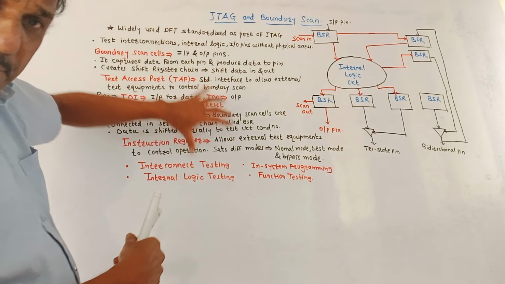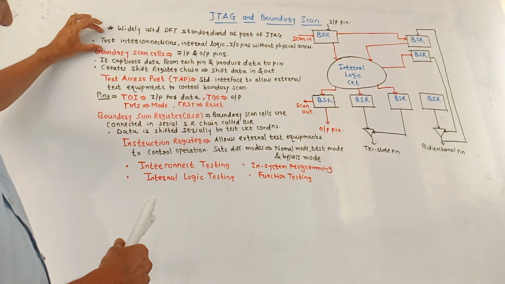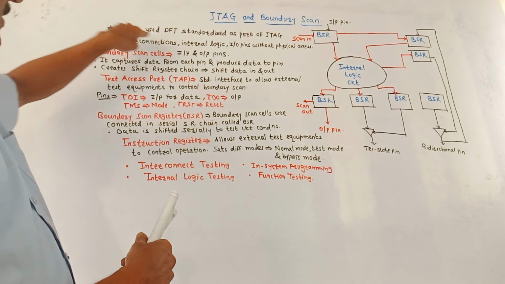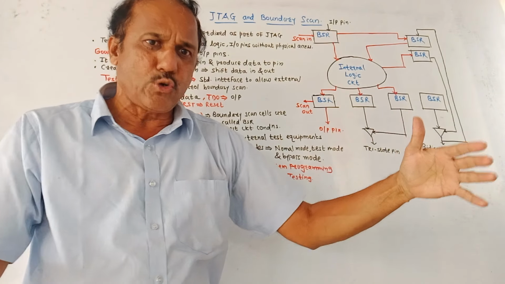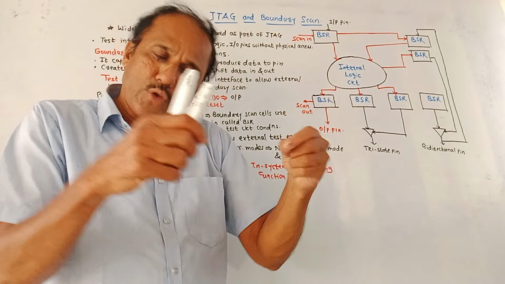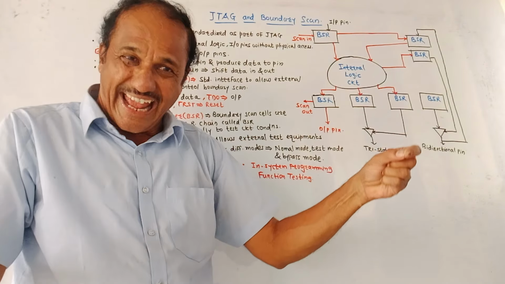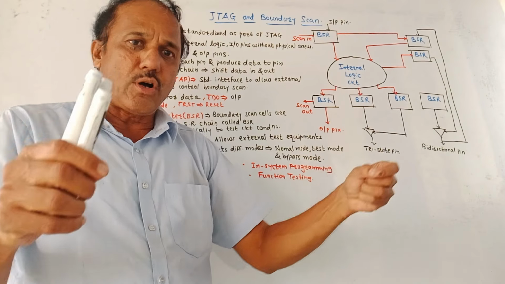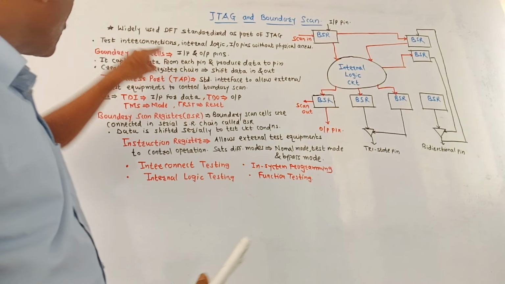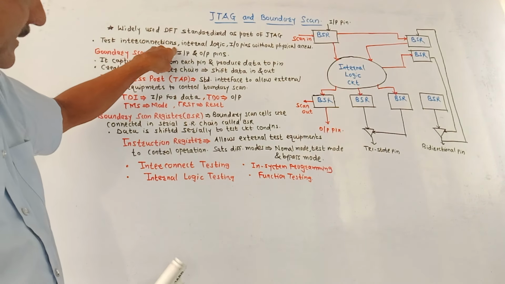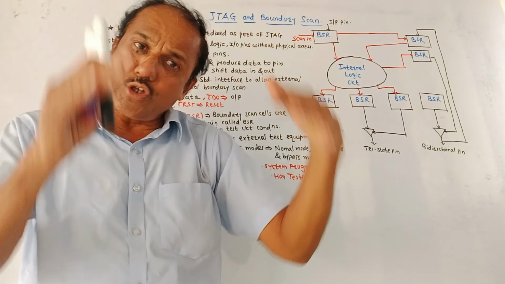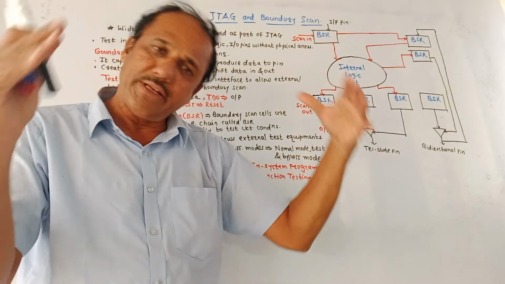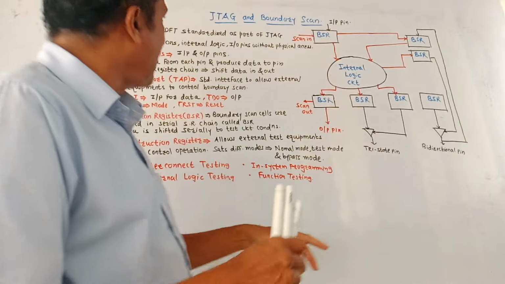I have written some important points. It is used to test interconnections. The interconnections are the connections made between different components, or you can check whether any particular track on the PCB is broken or disconnected and so on. Then it is also applicable to test the internal logic of the particular device, I mean the internal logic of the particular IC.